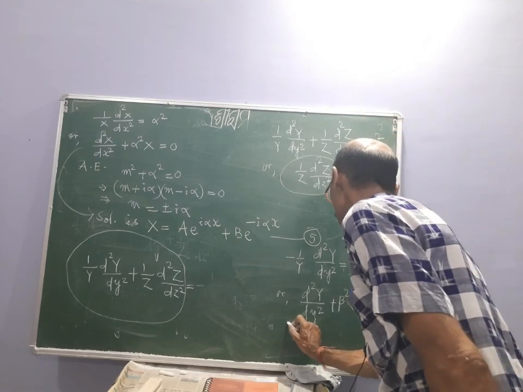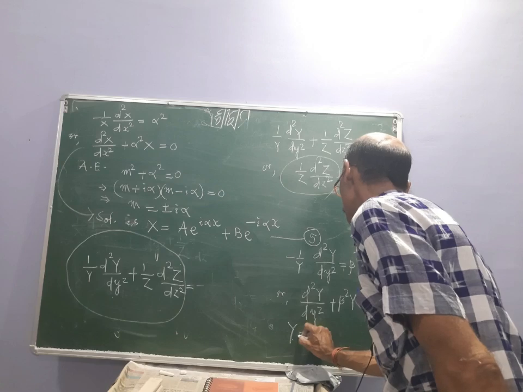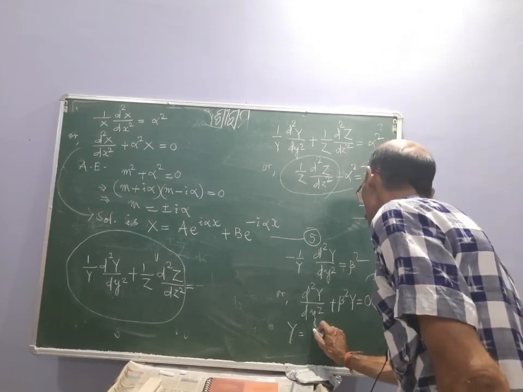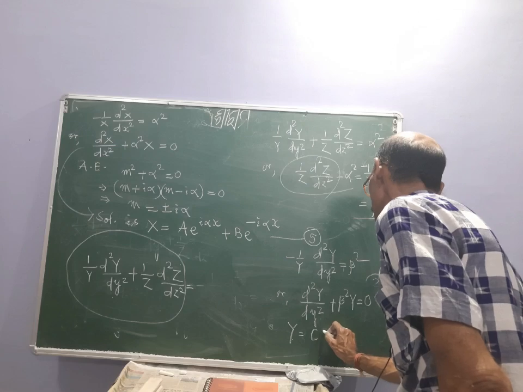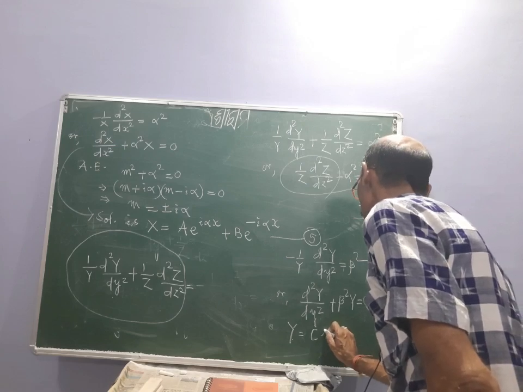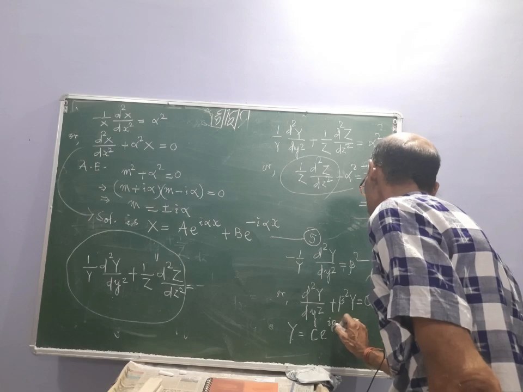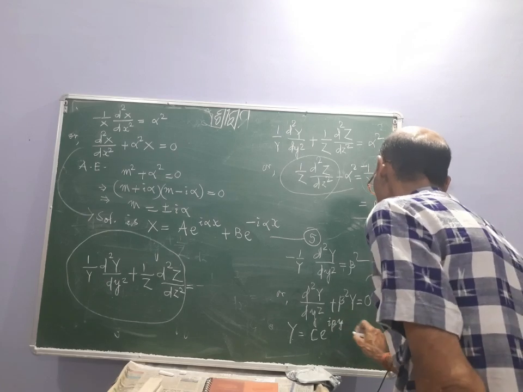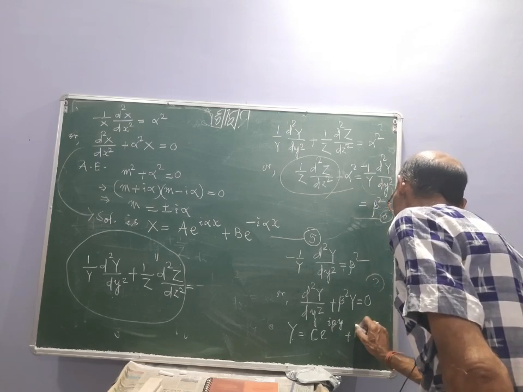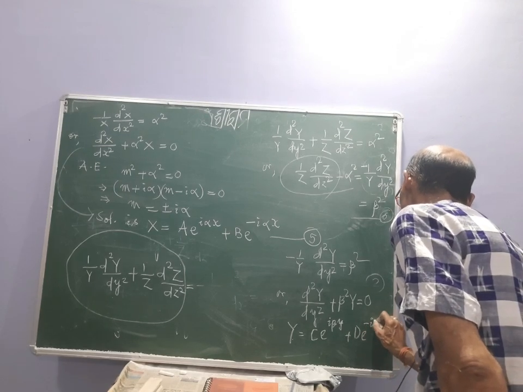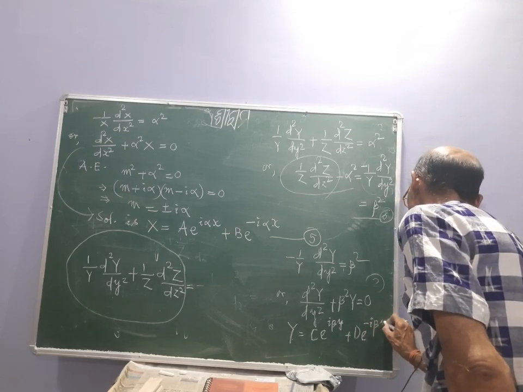As a result, after taking the auxiliary equation, I can get Y is equal to, let us have arbitrary constant c, exponential i beta y plus d exponential minus i beta y.